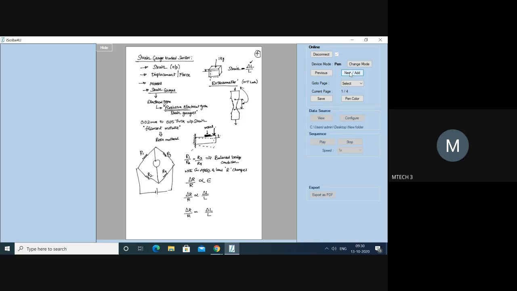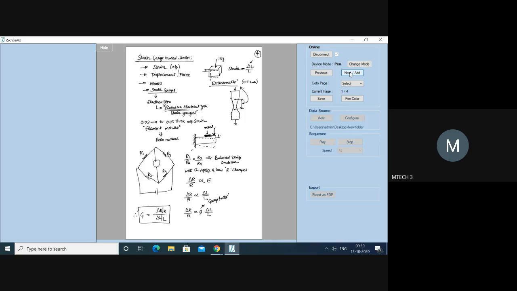If I take out the proportionality constant, it is going to be expressed as G. G is called the gauge factor. Therefore, the gauge factor G is equal to the ratio of change in resistance to original resistance by change in length to original length.